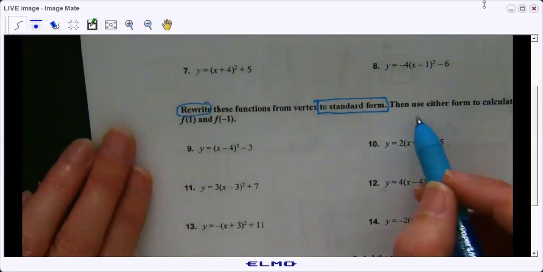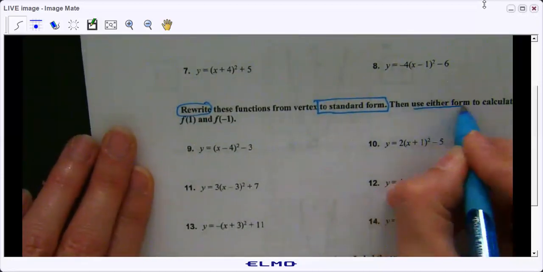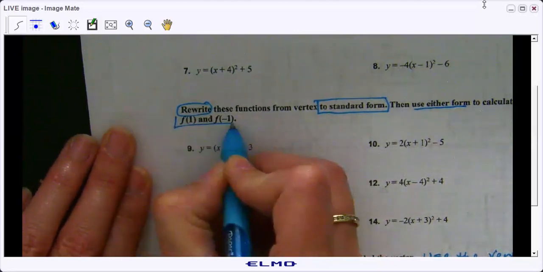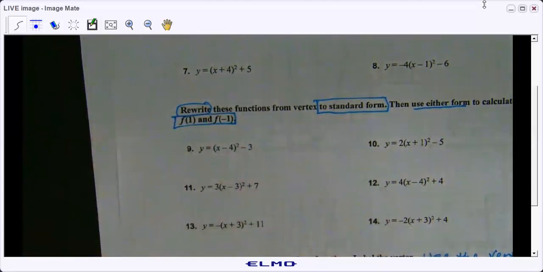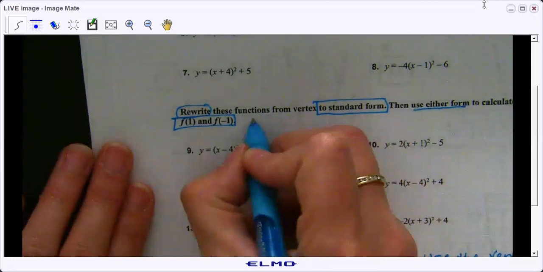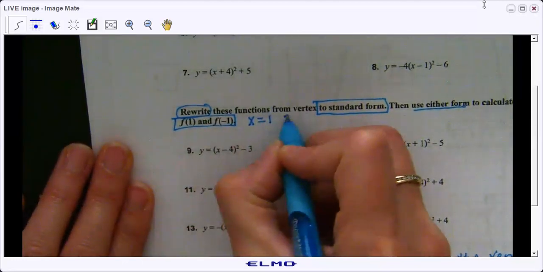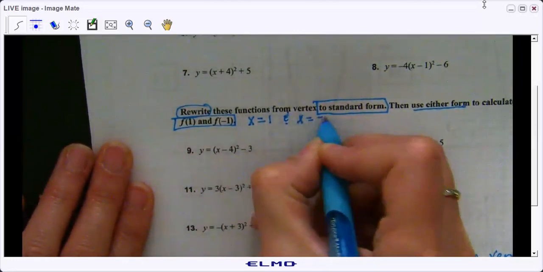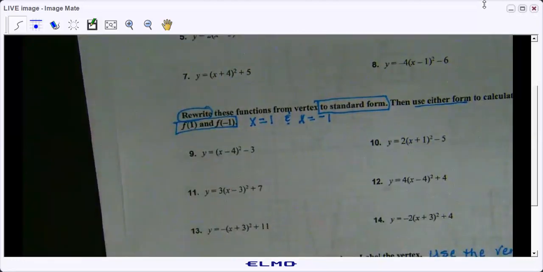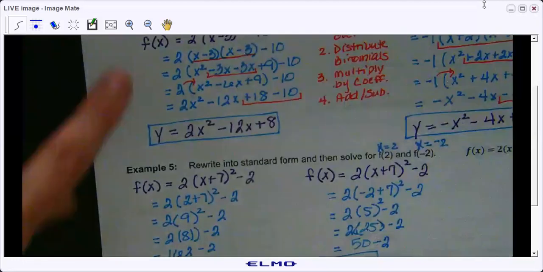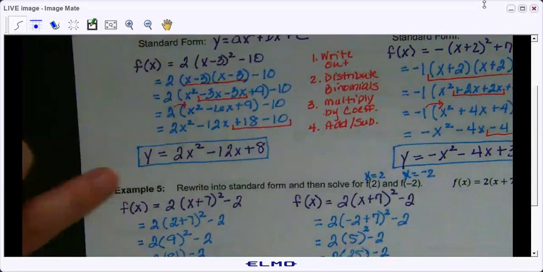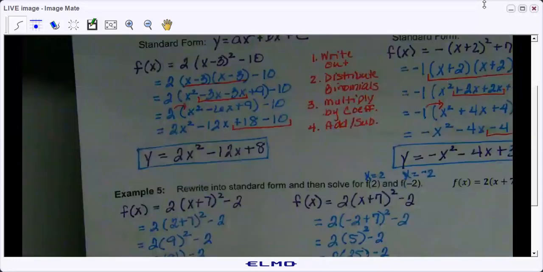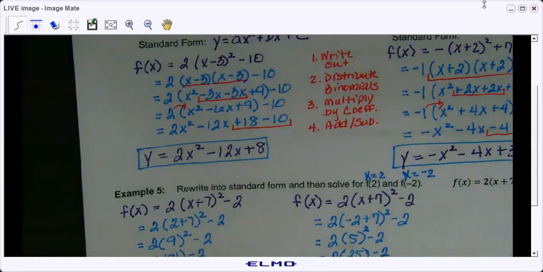Then it says use either form to solve for x being 1 or -1. So x equals 1 and x equals -1. You're turning them into standard form and then using either standard form or vertex form to find y when x is 1 and y when x is -1.